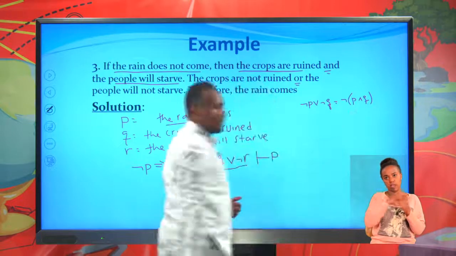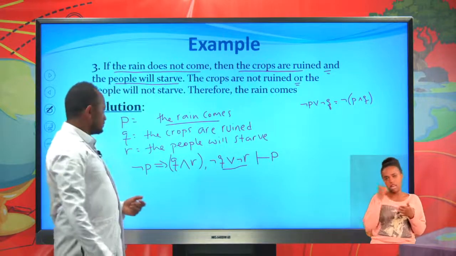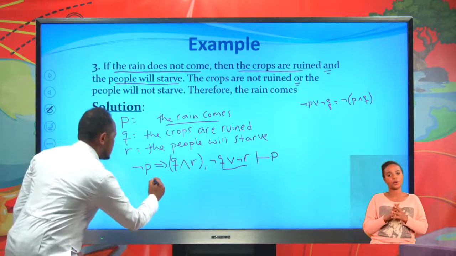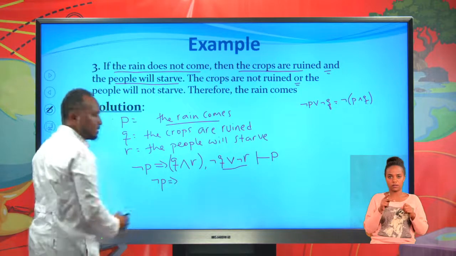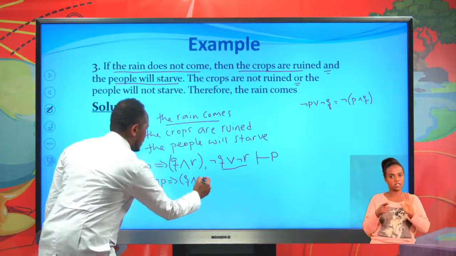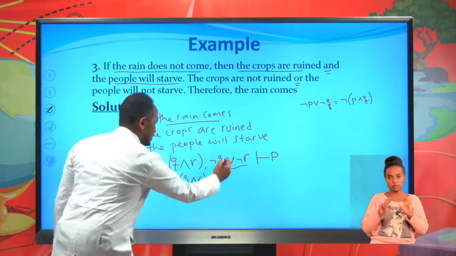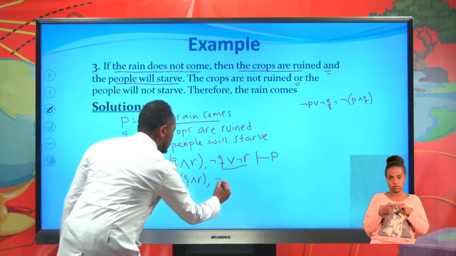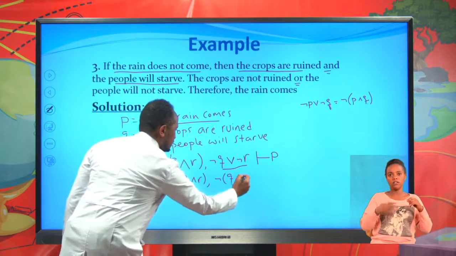I can write it in this form. Therefore, let me write this in another form. Negation of P implies Q and R. Let me write this one in this form. Negation of Q and R.